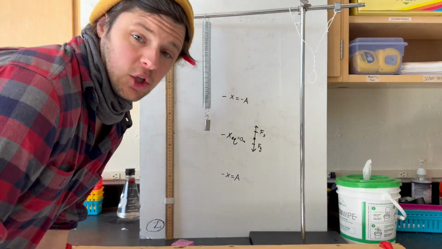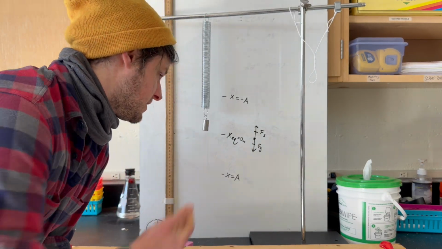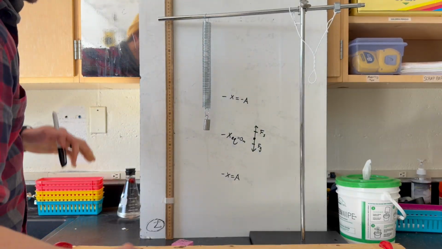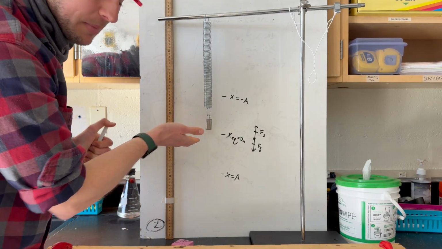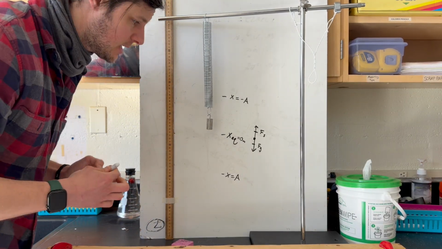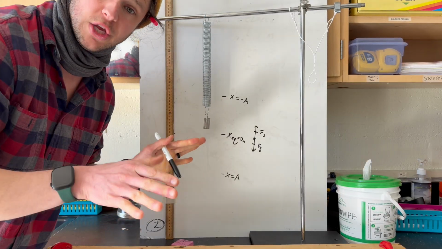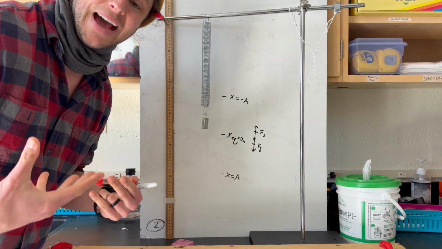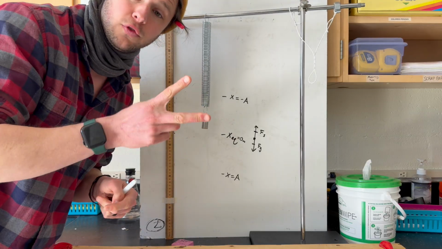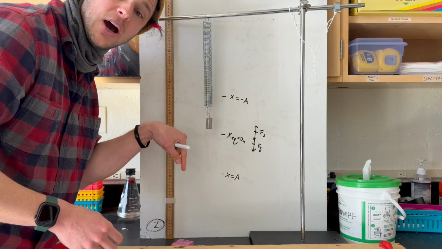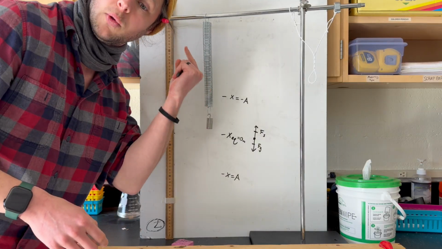All right, now let's take a look at that restoring force using the example of our mass on the end of a spring again. So again, I'm going to judge our position based on the bottom of this weight. And so right now we're at the equilibrium position, which we're calling 0 meters. And if we drew a free body diagram for this position right here, there are two forces acting on the mass: the force of gravity pulling it down and the force of the spring pulling back up.